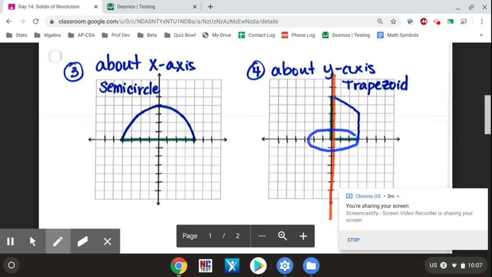And then the top edge, it's just spinning right around as a point, but it's probably useful to take this point here and look at what it would do. As it spins around, you can see I have a cylinder shape there. And if I connect that upper ring to the tip, you can see I have a cone sitting on top of a cylinder. So for number 4, I actually have 2 different shapes when I spin that trapezoid. It almost looks like a circus tent, but it's a cone sitting on top of a cylinder.